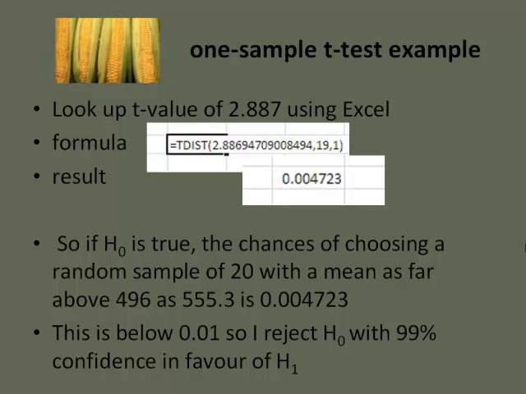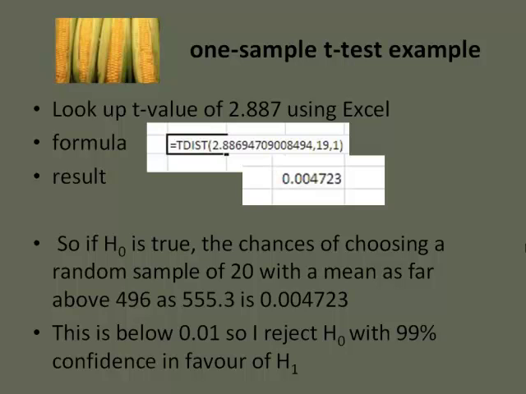Results. So if H0 is true, the chance of choosing a random sample of 20 with a mean as far away as that from 496 is 0.004723.